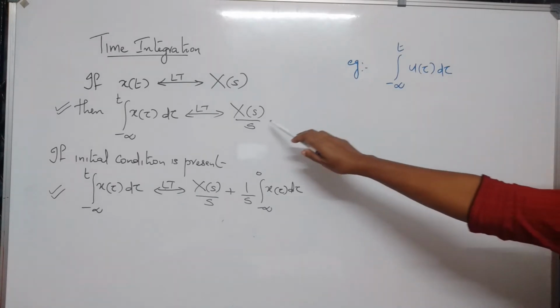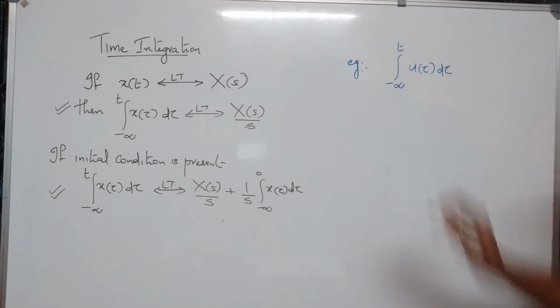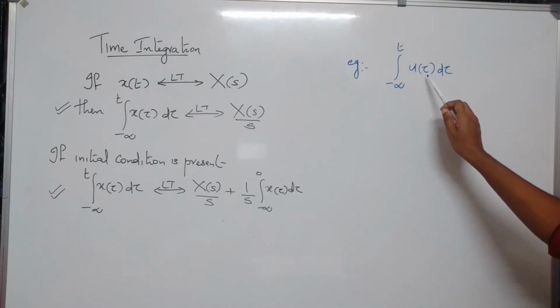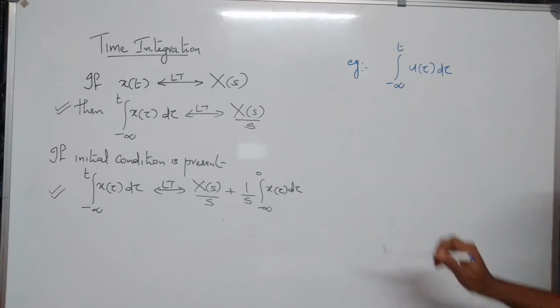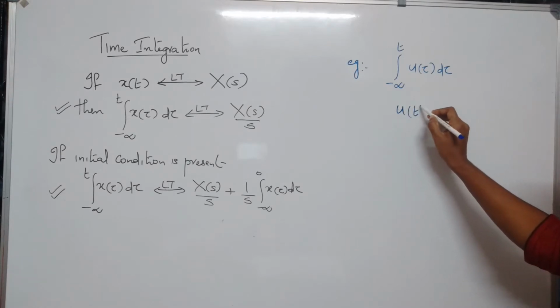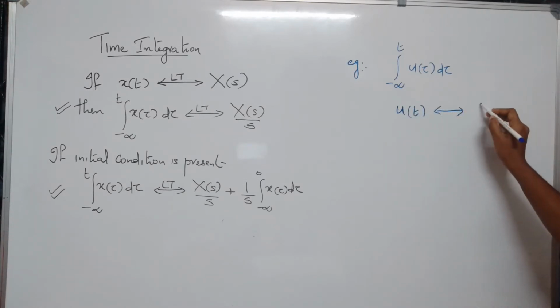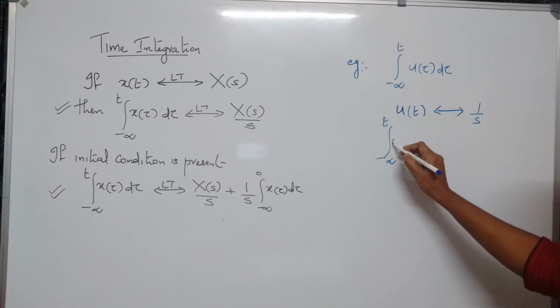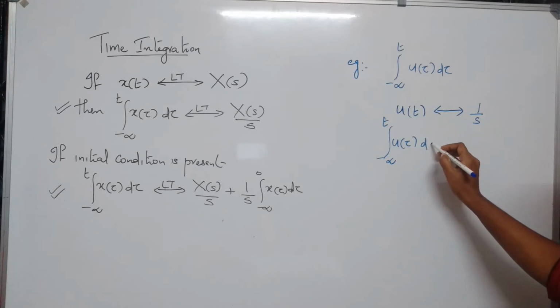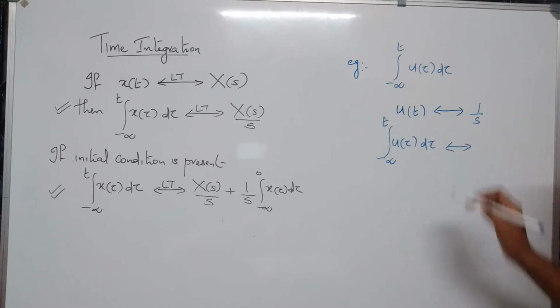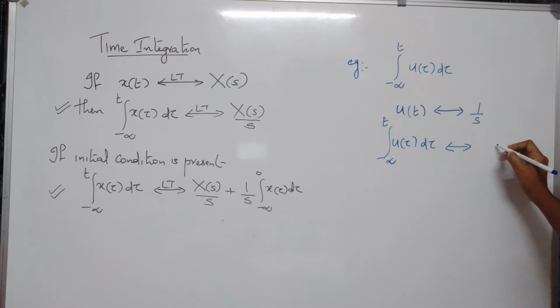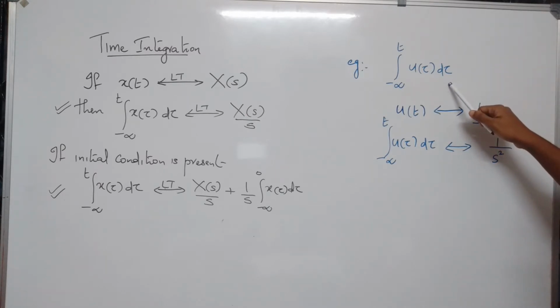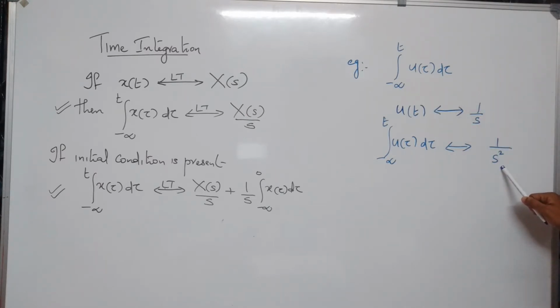When you compare it with the time integration property, we can see x of tau is u of tau. So Laplace transform of u of t is X of s, which is 1 by s. Then Laplace transform of the integral of u of tau d tau will be X of s by s, 1 by s by s, which is 1 by s square. That is, when you integrate a unit step function, we will get a ramp function.